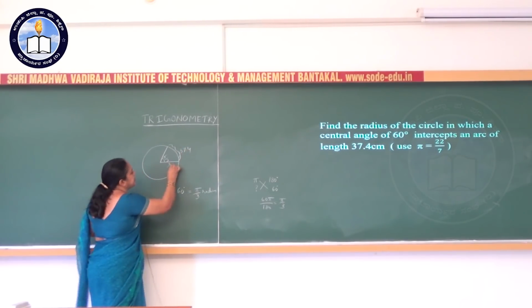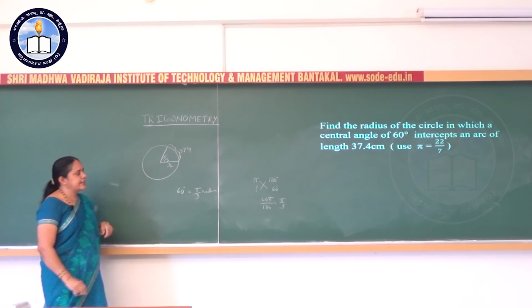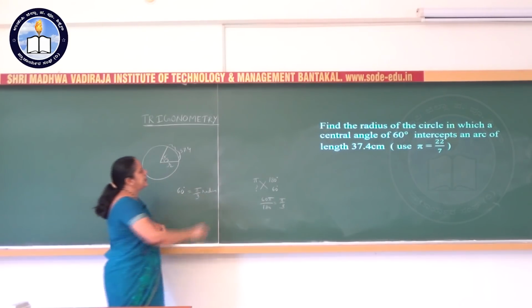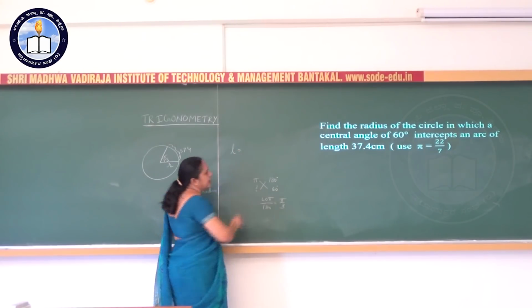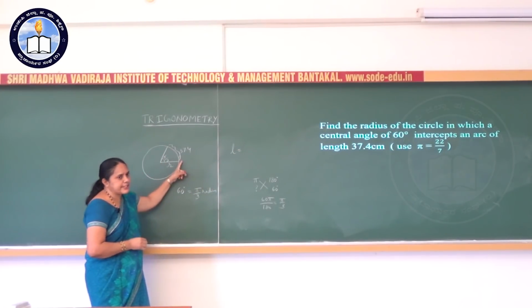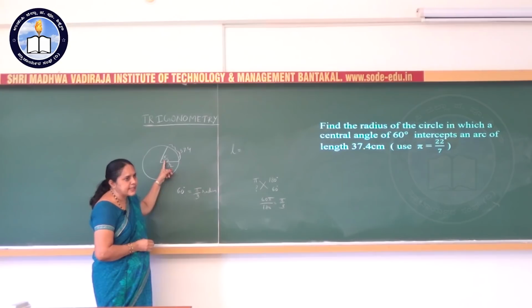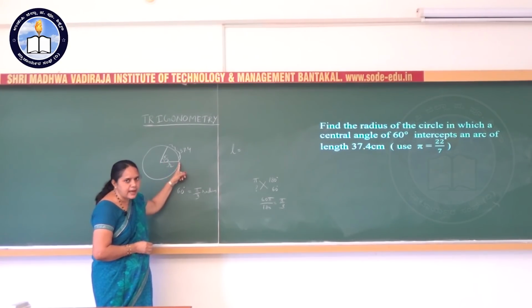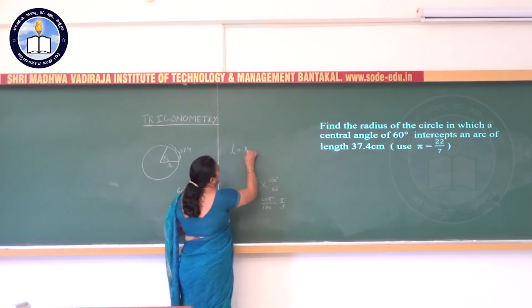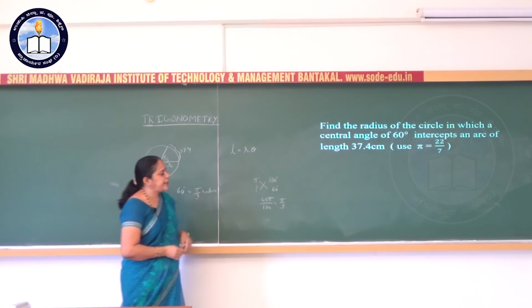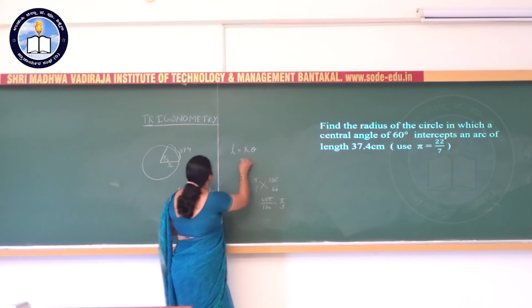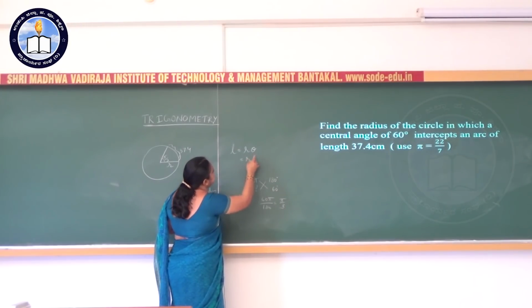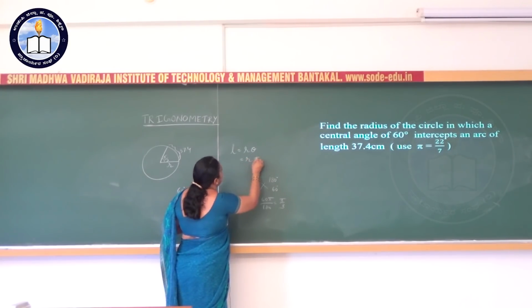We have to find the radius of the circle. We know length of an arc L which subtends an angle theta radians at the center of a circle of radius r is given by L is equal to r into theta. But theta is equal to pi by 3.